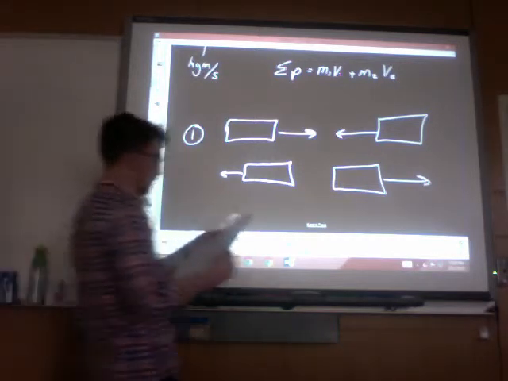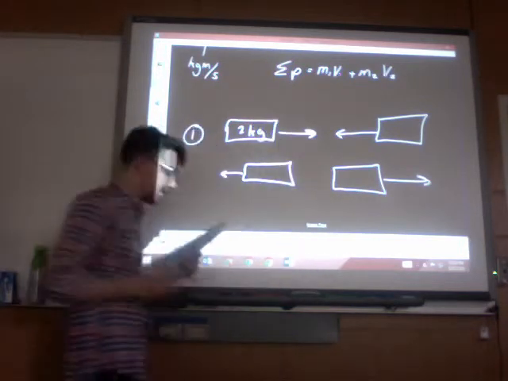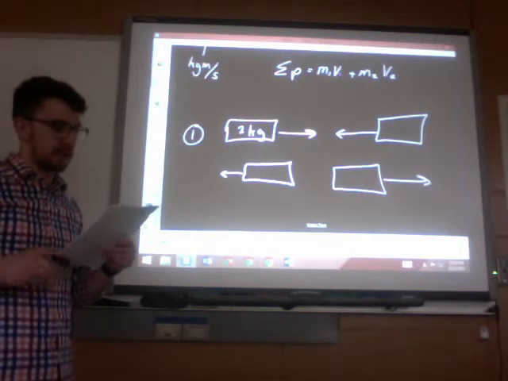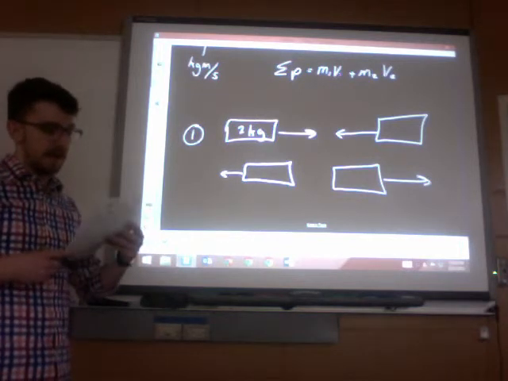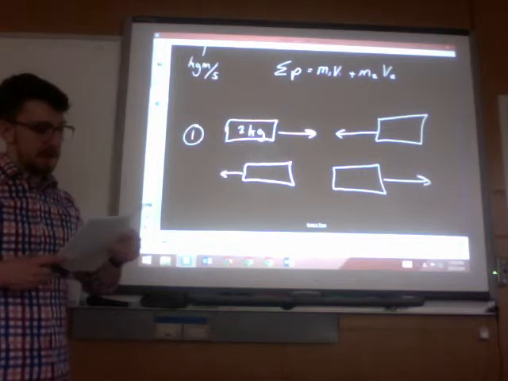For example, this one's 2 kilograms. I feel like we should read it. A 2 kilogram cart is moving right with a velocity of 6 meters per second, and a 3 kilogram cart is moving left with a velocity of 3 meters per second.